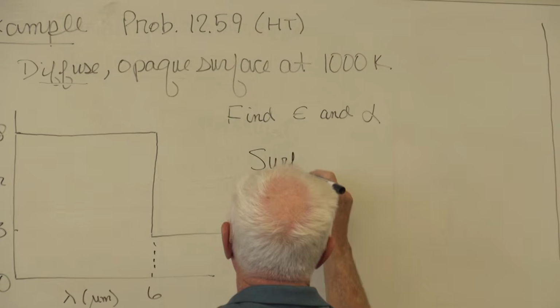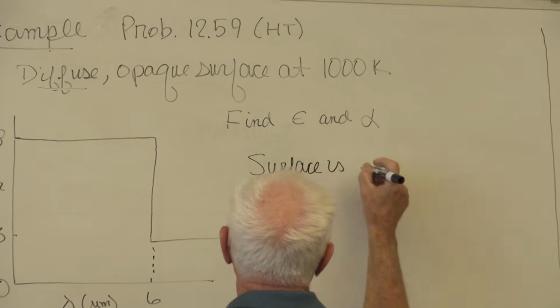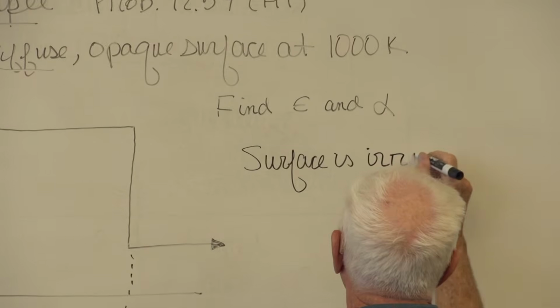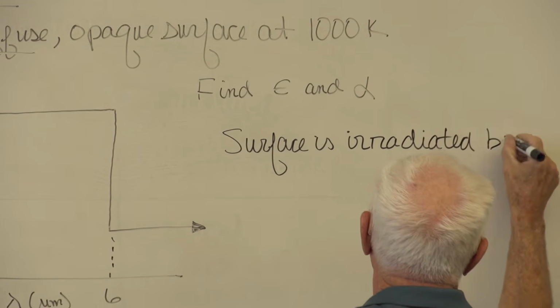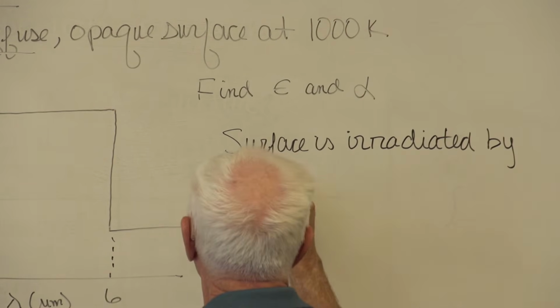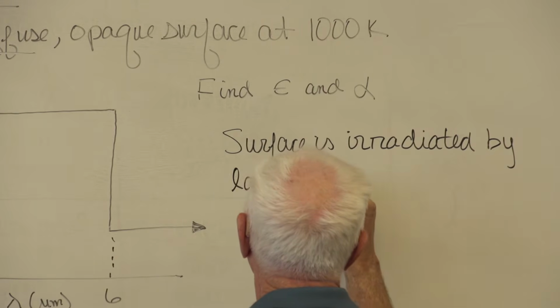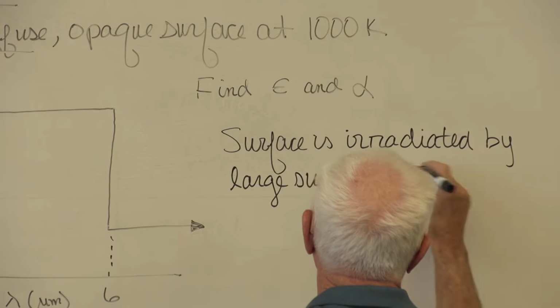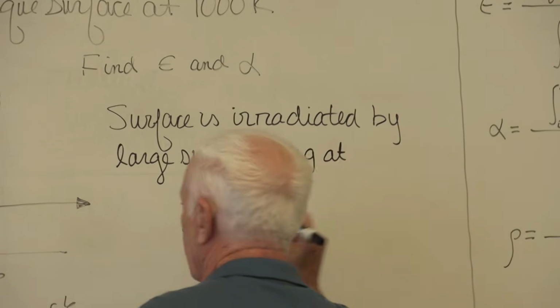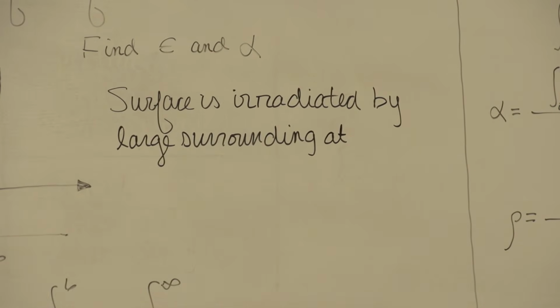Surface is irradiated by large surroundings at a temperature 1500 and 8/10 emissivity, 1500 Kelvin.